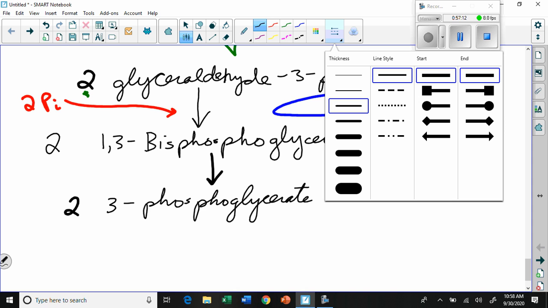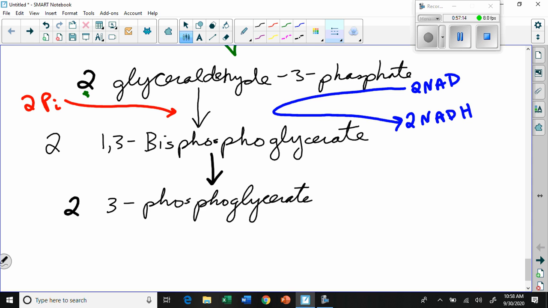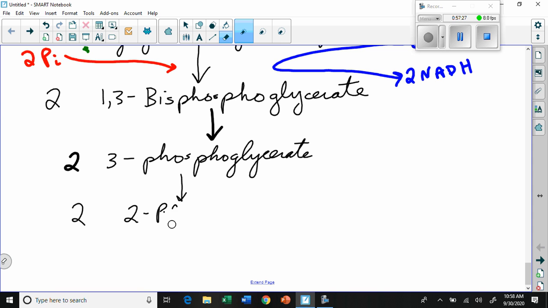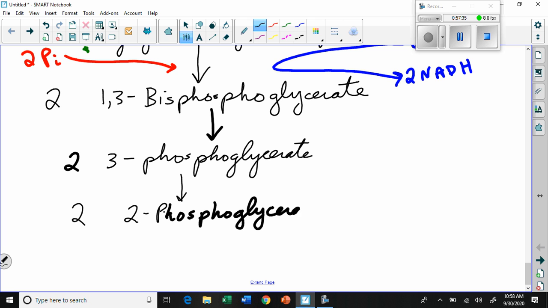Phosphoglycerate. Excellent. Then the 3-phosphoglycerate gets turned into 2 phosphoglycerates. Whoops. Two 2-phosphoglycerate.